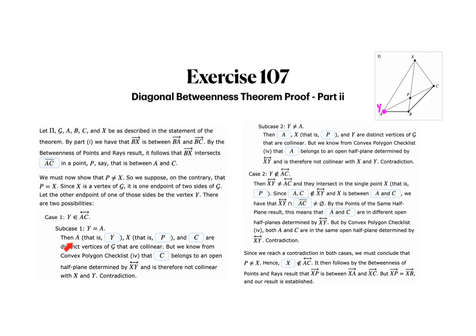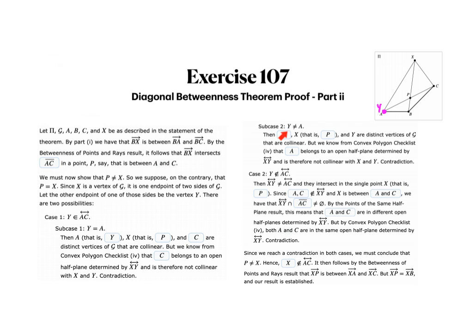So then A, that is Y, X, that is P, and C are distinct vertices of G that are collinear. But we know from convex polygon checklist 4 that C belongs to an open half plane determined by XY and is therefore not collinear with X and Y, and there exists my contradiction.